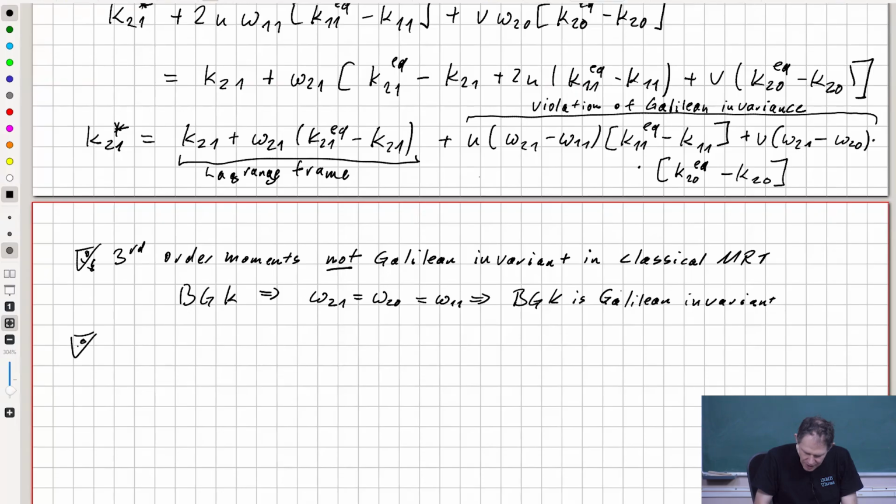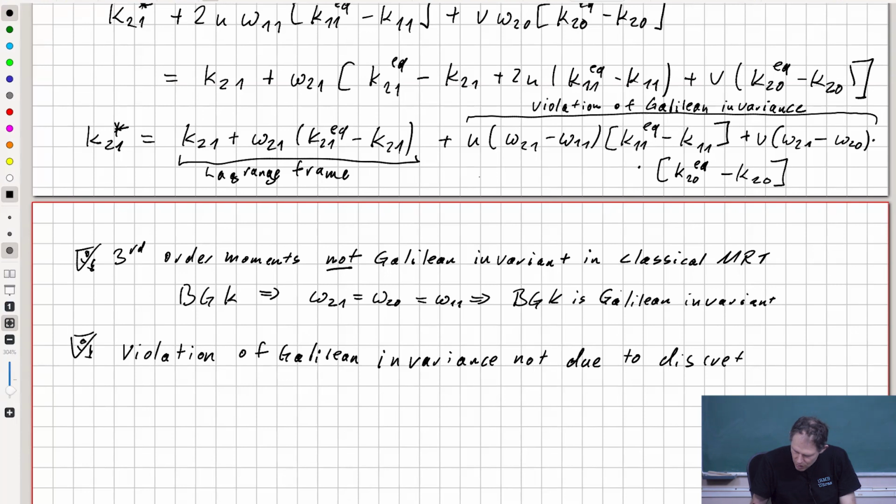And the other thing of note here is that the violation of Galilean invariance is not due to the discretization, as we see from the fact that we did not assume any discretization so far. None assumed in the analysis.